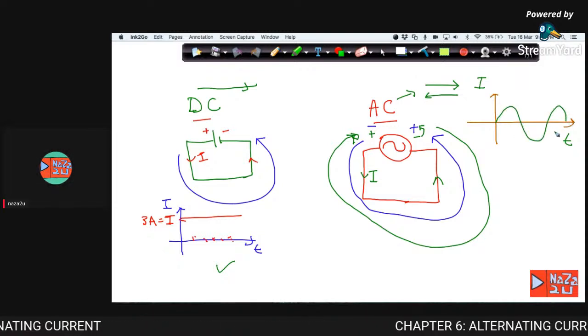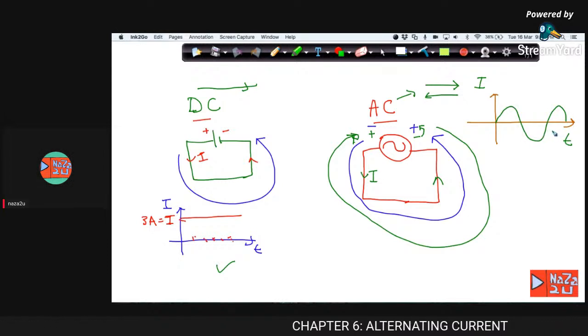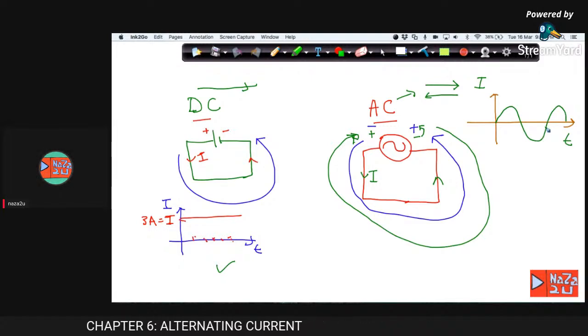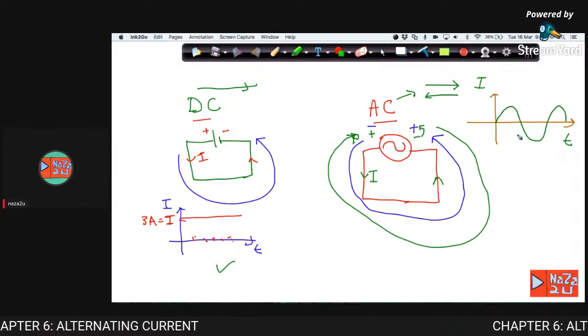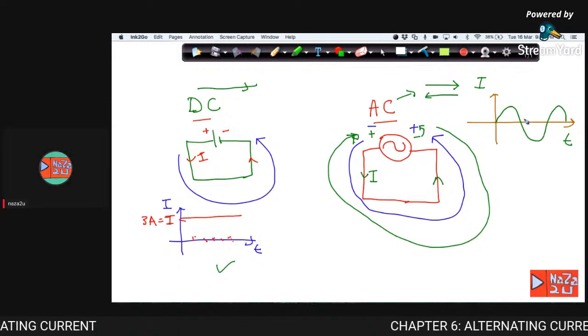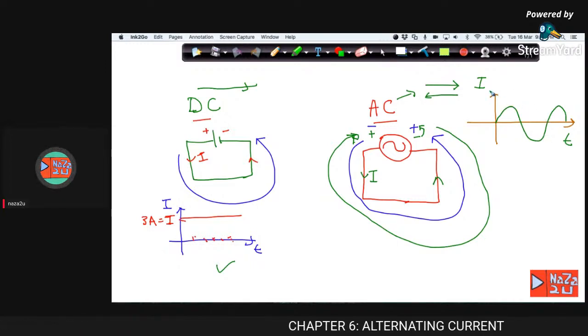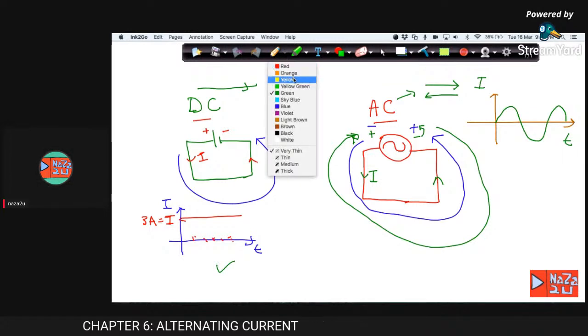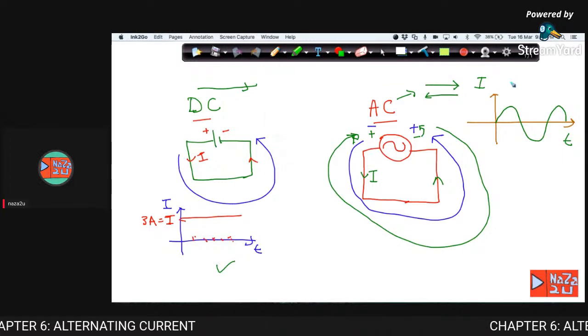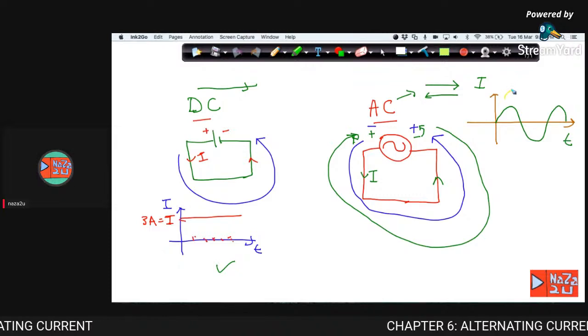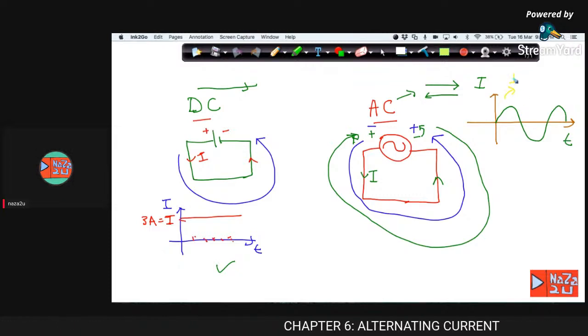Ini macam kita pernah jumpa dalam chapter yang kita belajar first semester hari tu, contohnya harmonic motion. So kita pernah jumpa graf macam ni, sinusoidal graph. So kita tahu this is a current versus T.